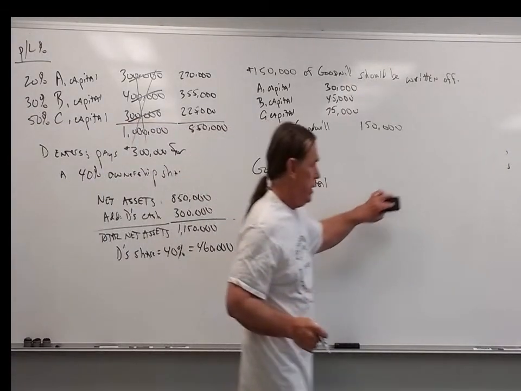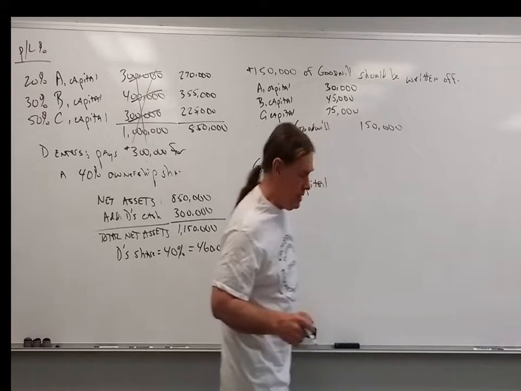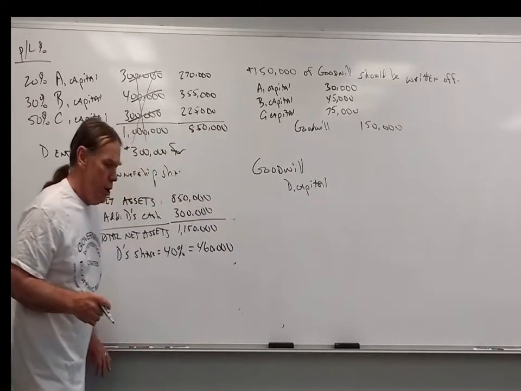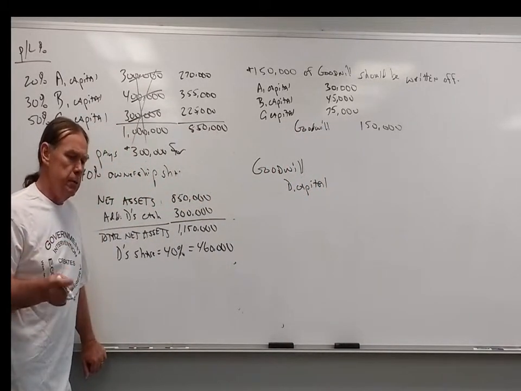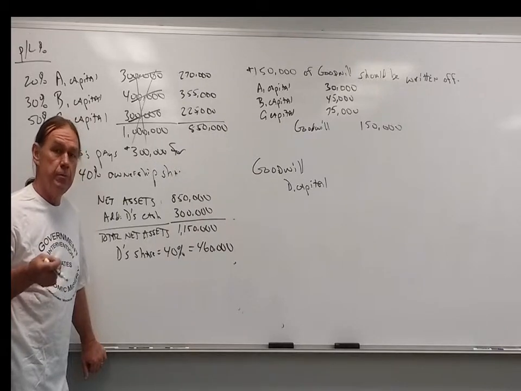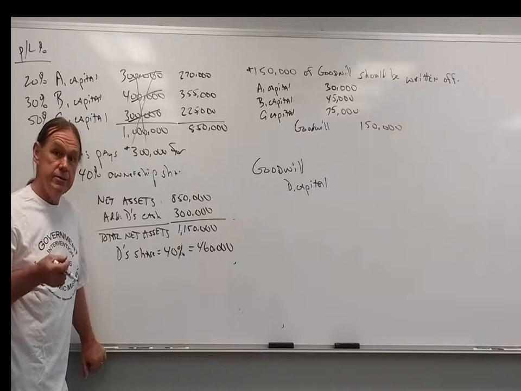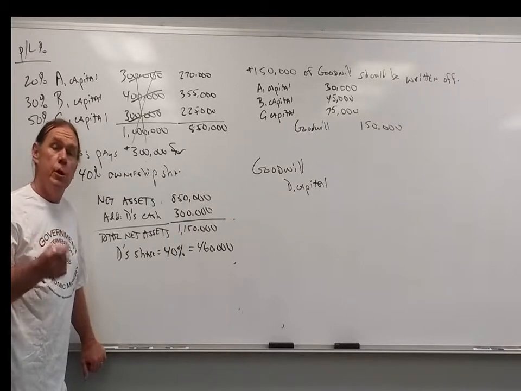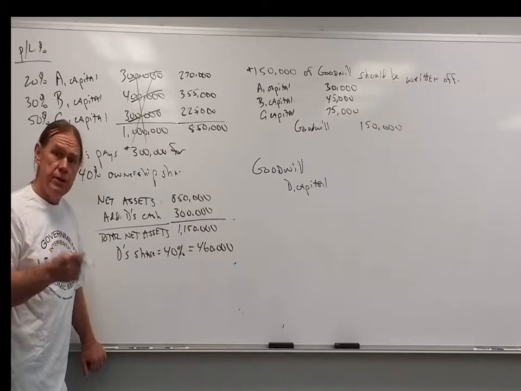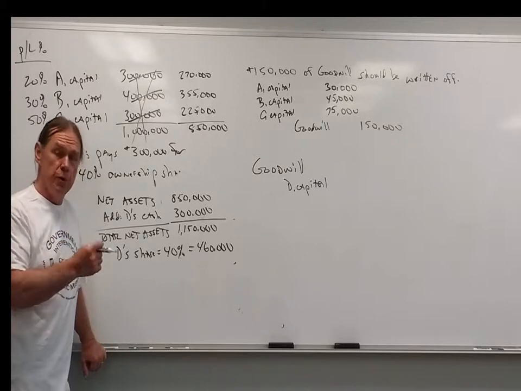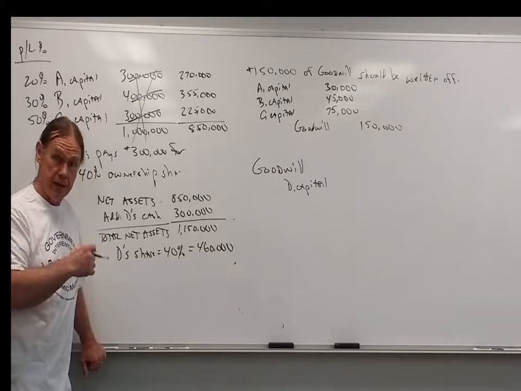Now, when we had D getting in at a premium, we computed the implied or apparent firm value based upon the price D paid divided by D's ownership share. We're going to do the same thing now, but we're going to do it based on the previous partner's balances.